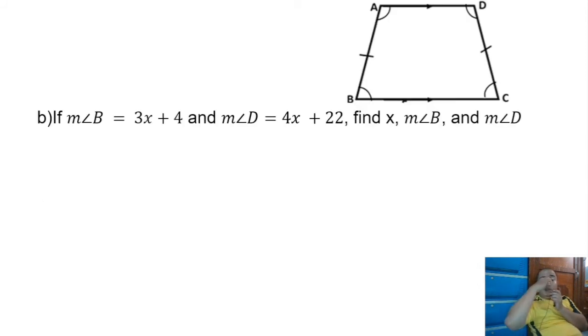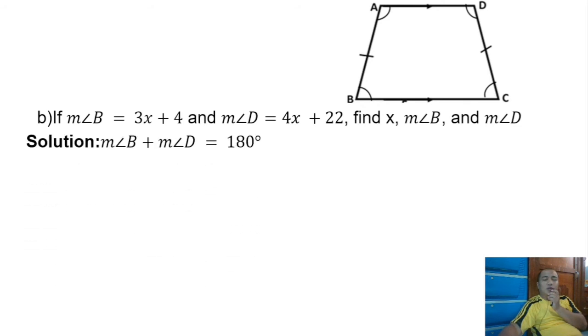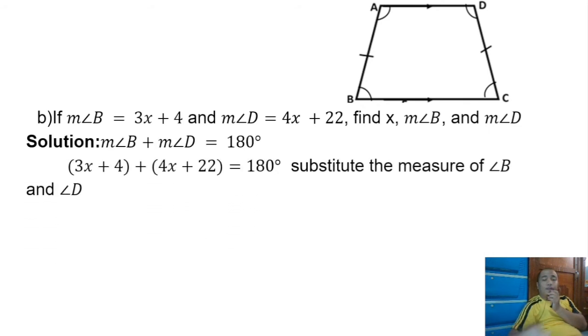Next, angle B is 3x plus 4. Angle D is 4x plus 22. Find x, angle B, and angle D. Since angle B and angle D are supplementary, their sum is 180 degrees. Yung angle A and angle D, congruent yan. Pero pag angle A and angle C, supplementary.